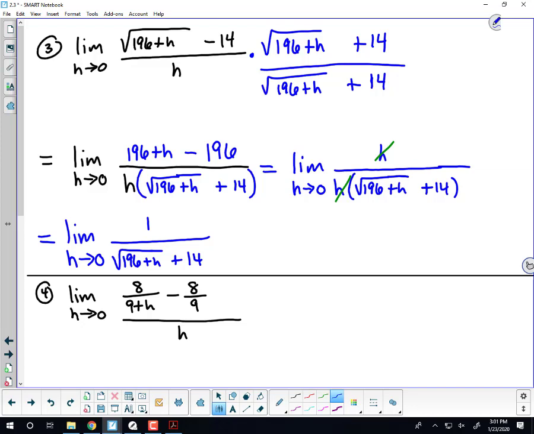What is this limit now? What's the answer? 1 over 28, yeah, because we can evaluate this now, right? When h approaches 0, let me just plug that in for the h. We can now evaluate this directly.